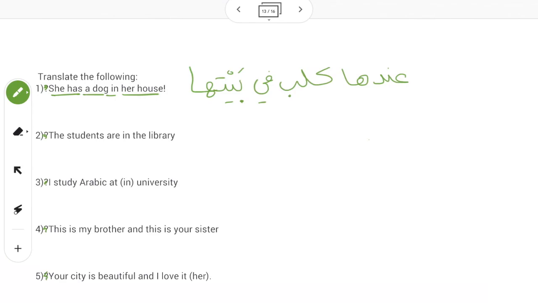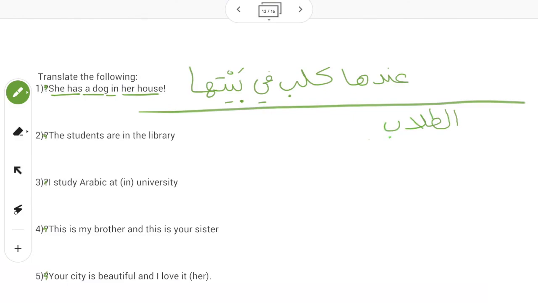The students. That was a vocab word from last semester. At-tullab, the students. Remember we put alif lam because it's the. And what did we say about is and are? This is a special thing that we want to bring up. Is and are do not get translated into Arabic the way they do in English.